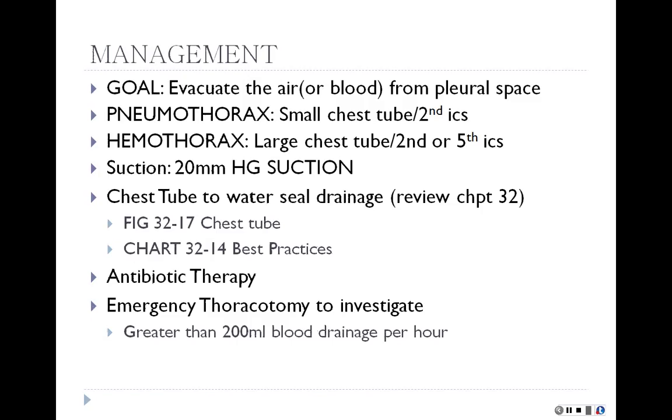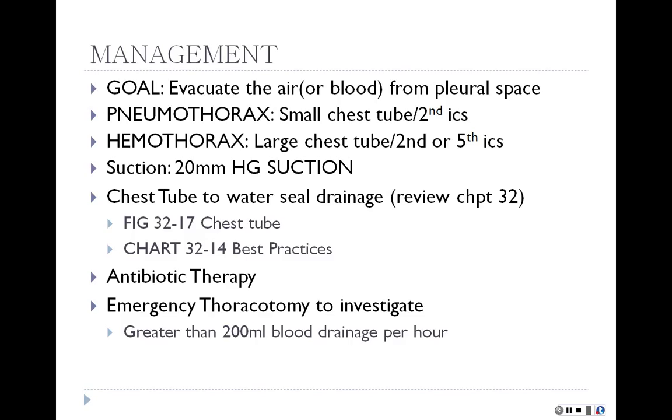Of course, the goal is to get them back, either get air out or get the blood out, and get them doing better. And like I said, a small chest tube for pneumothorax will go up high to get air out because air rises, and for a hemothorax, a larger one goes down lower. They usually will put these to 20 millimeters of mercury suction.